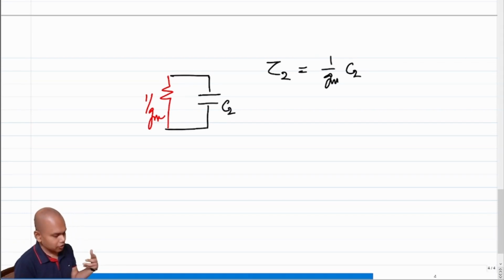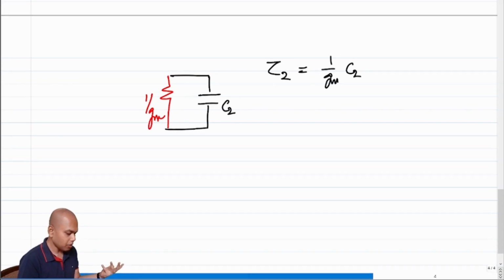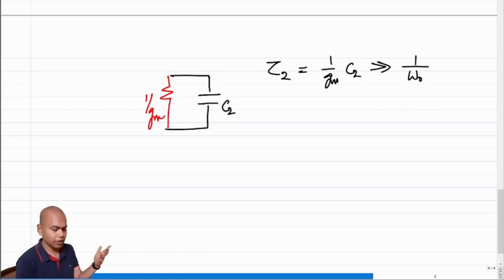And in order for the capacitor to behave like a short circuit, what needs to happen? This has to be much greater than 1 over the frequency of interest in radians per second, right?